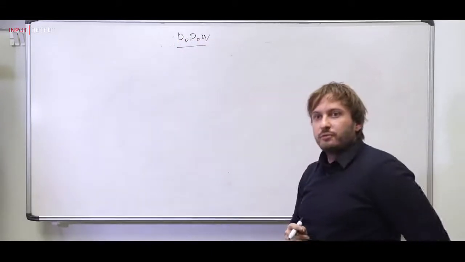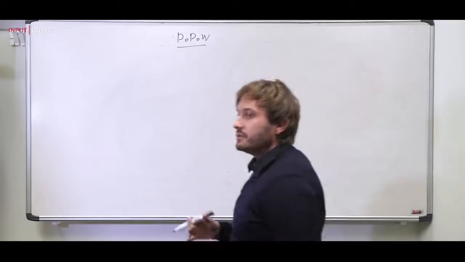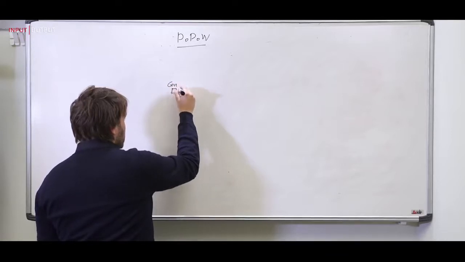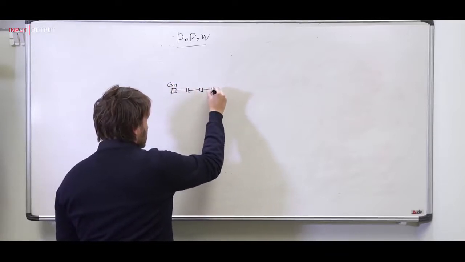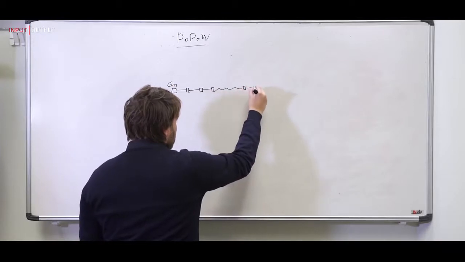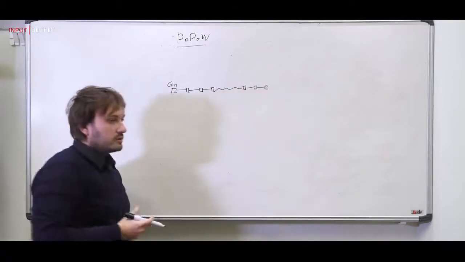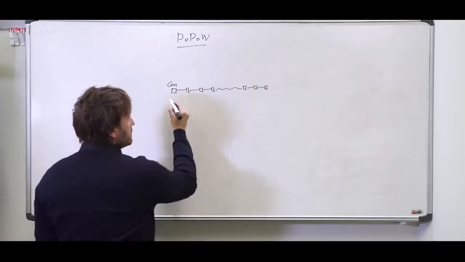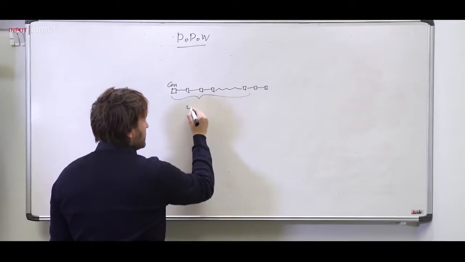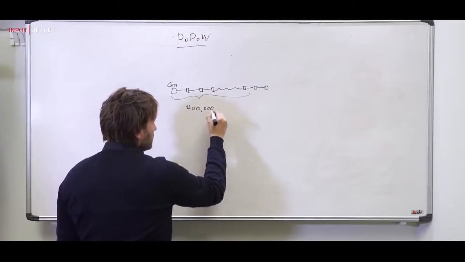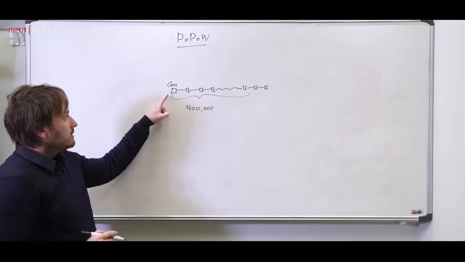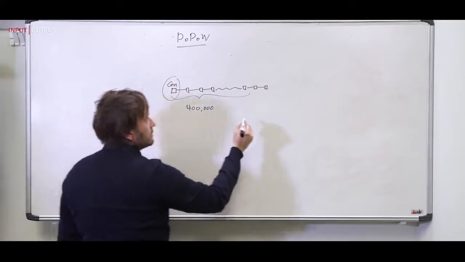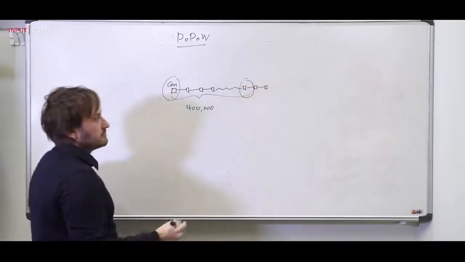For proofs of proof of work, given a work-based blockchain, we want to create a short file that captures the fact that there are so many blocks here. Let's say there are 400,000 blocks.